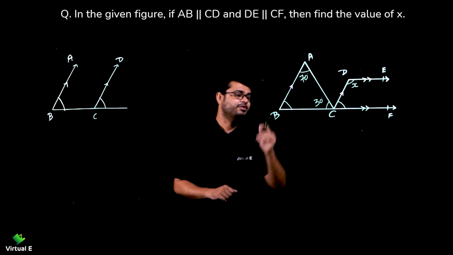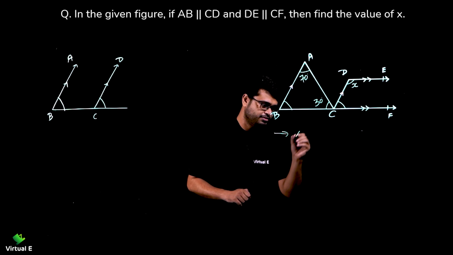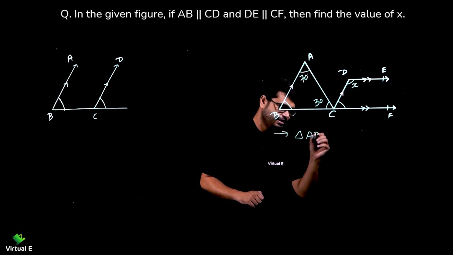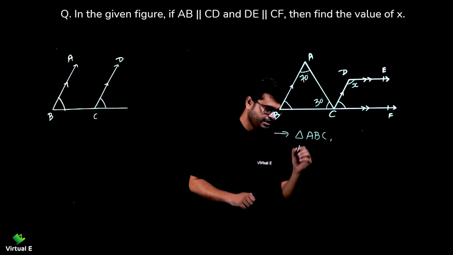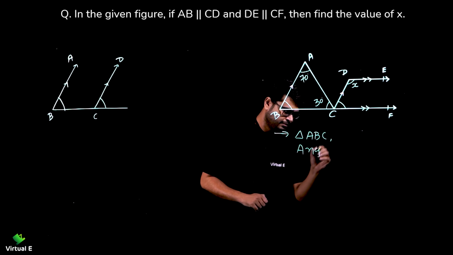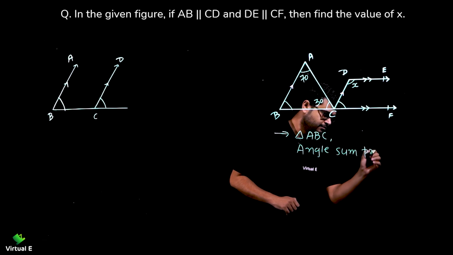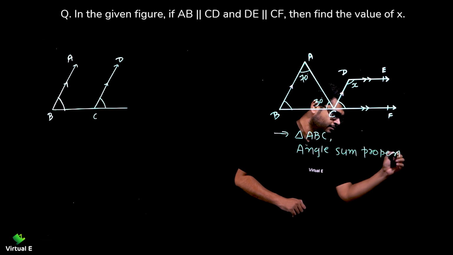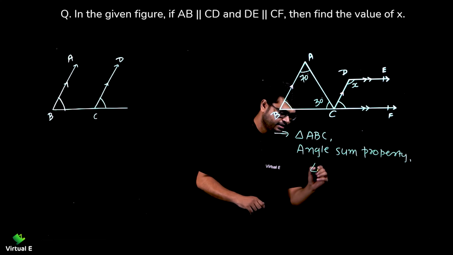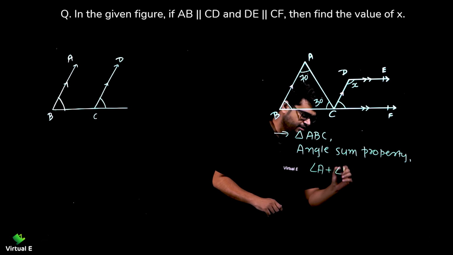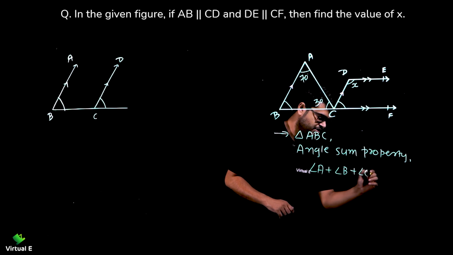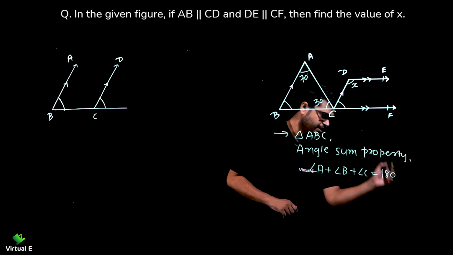So let's start with triangle ABC, angle sum property. So what we can write, angle A plus angle B plus angle C is equal to 180 degrees.